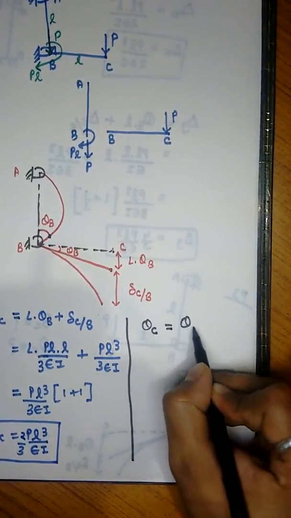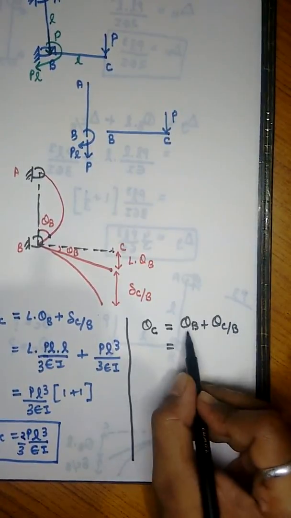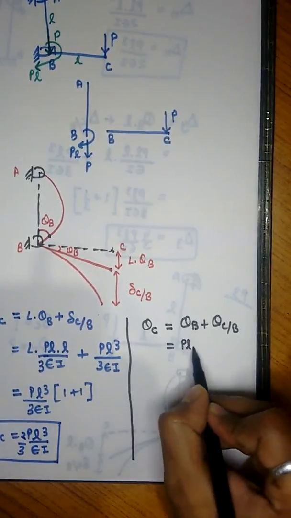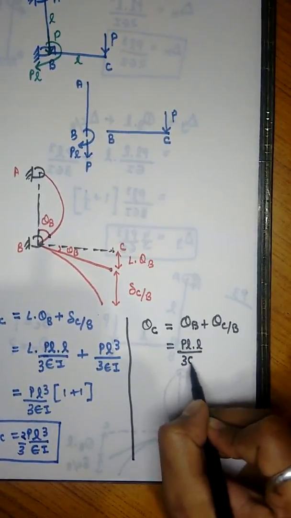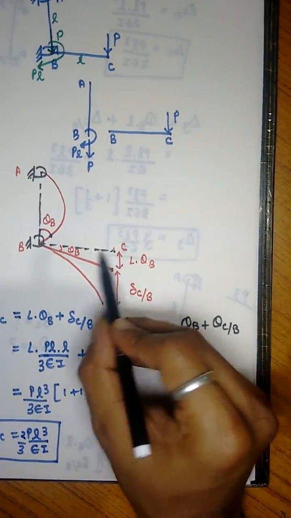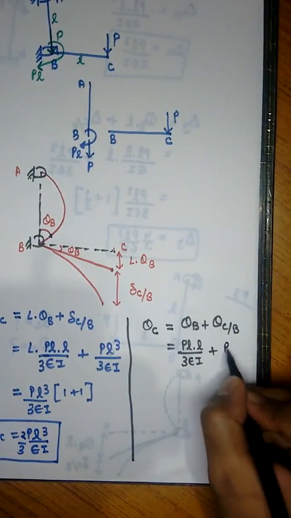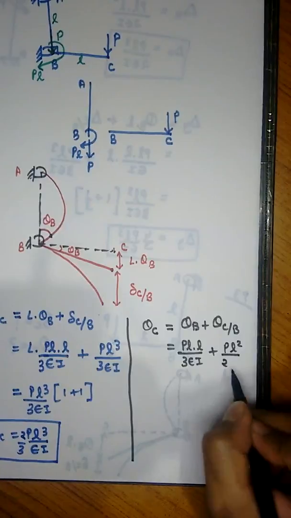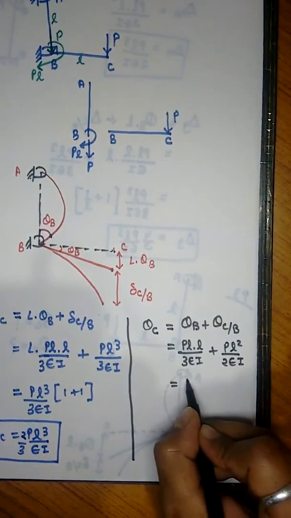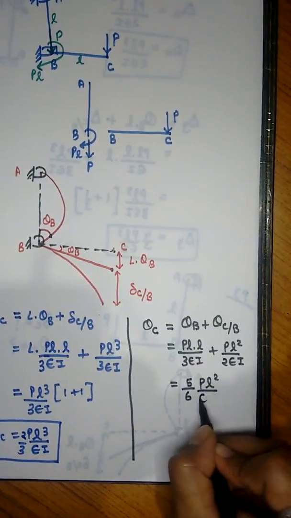Theta C is theta B plus theta C with respect to B. So theta B is ML upon 3EI plus theta C with respect to B. Theta C with respect to B is due to point load P, so the theta is PL square upon 2EI. This gives 5 by 6 PL square upon EI.